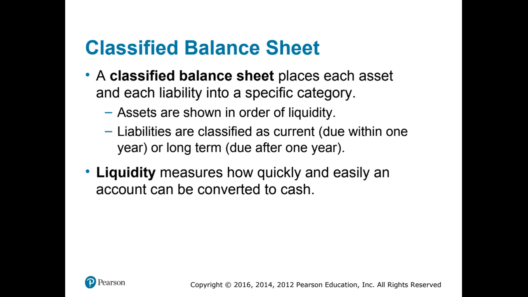Liquidity, we mentioned this in a previous class. Does anyone remember what liquidity is? Yes, how quickly you can convert something to cash. So what's the most liquid asset that we have? Cash. The least liquid asset that we might have would be land.